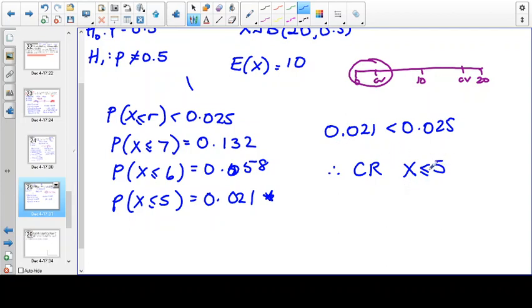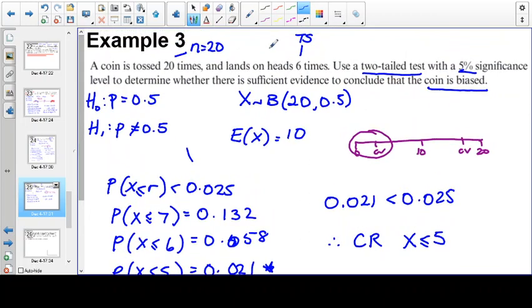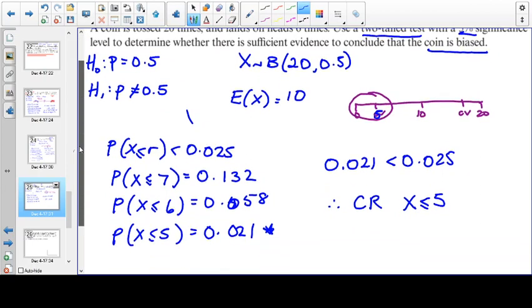Okay, so we would need to get 5 or less heads for there to be enough evidence that the coin is biased. Okay, so this is 5. So 6 heads does not lie in that critical region, so therefore there is not enough evidence to conclude that the coin is biased.